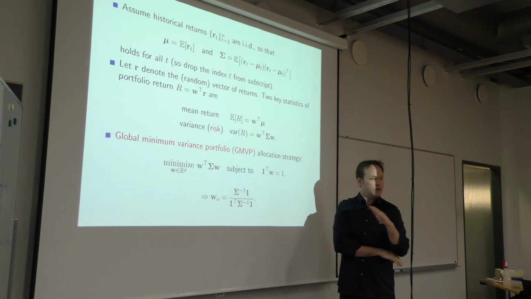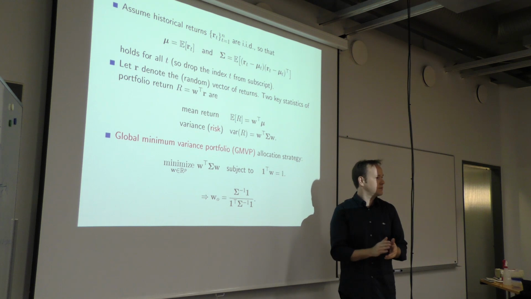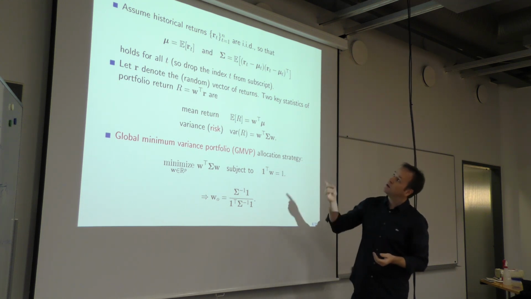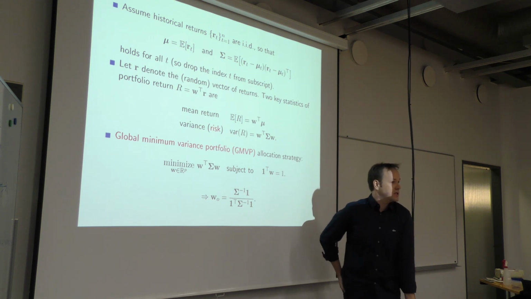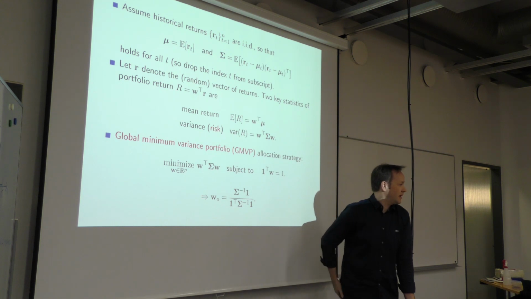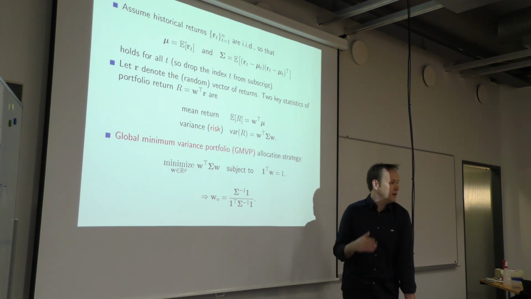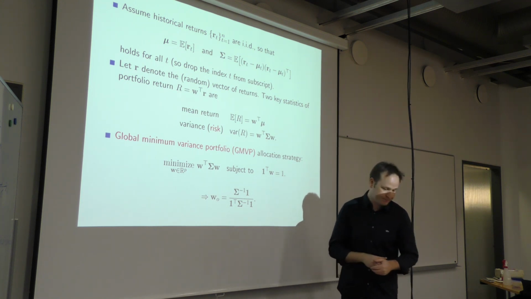What you do is you have historical returns, and then you estimate the mean and the covariance matrix using that data. So people make this kind of simplifying assumption: one has to assume something and pretend that it's true. So we have the historical returns, and we estimate the mean and the covariance matrix from that data.